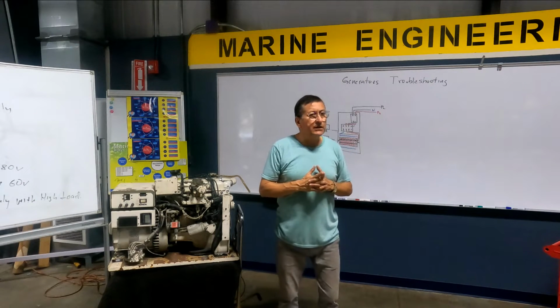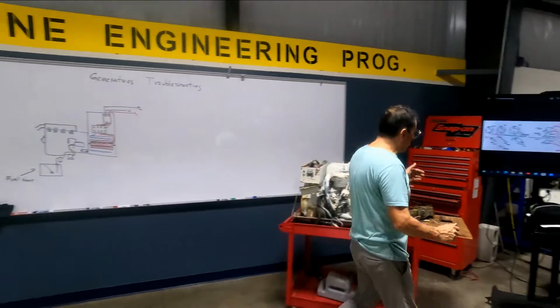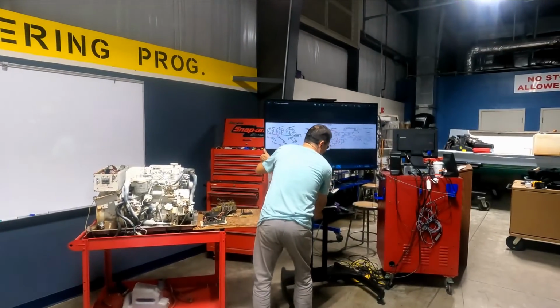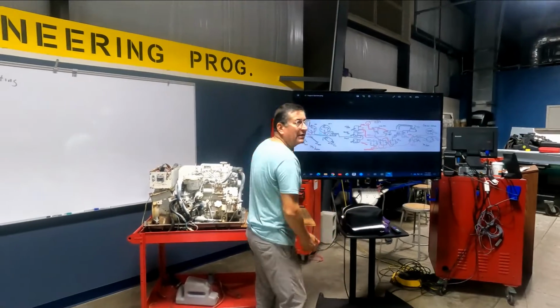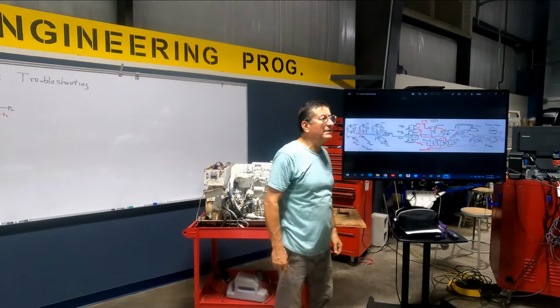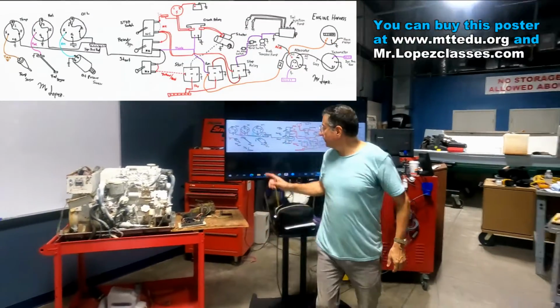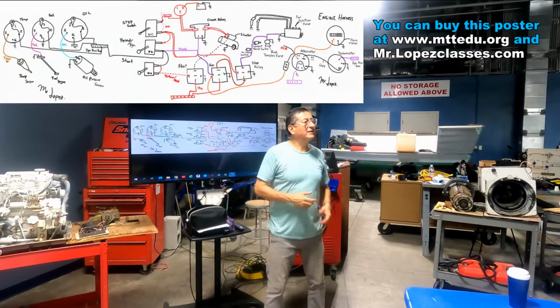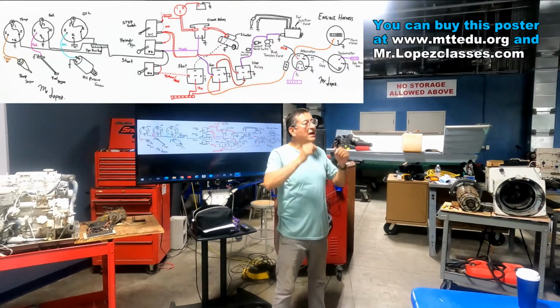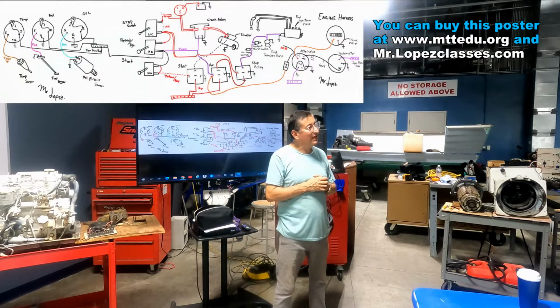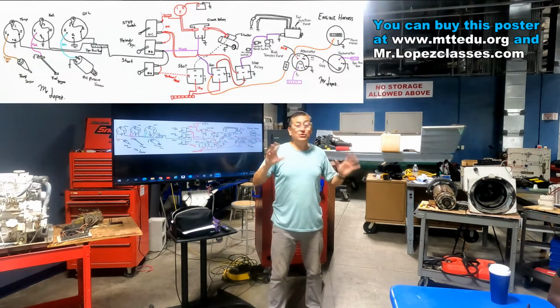You remember some classes ago when I explained in chapter 8 this slide related with the harness, how to create the harness for a diesel or gasoline engine. You remember? We are going to check quickly.